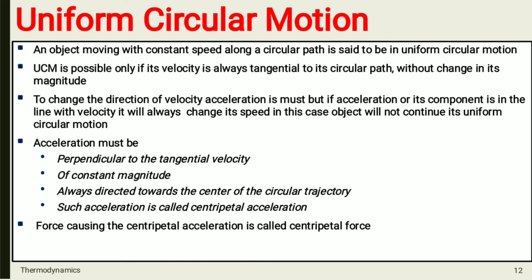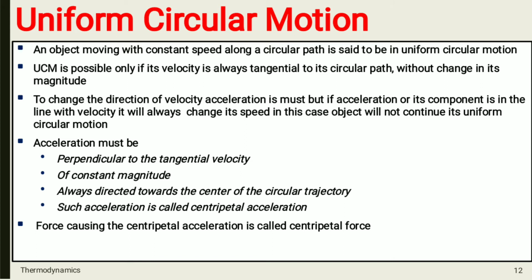For uniform circular motion, what is important? There should be a velocity, but with constant magnitude. To maintain this velocity with constant magnitude, there should be an acceleration, but not in the direction of velocity or in the opposite direction of velocity.